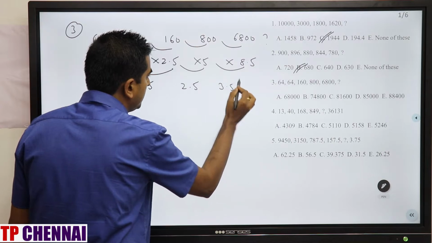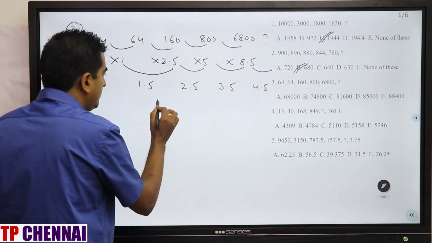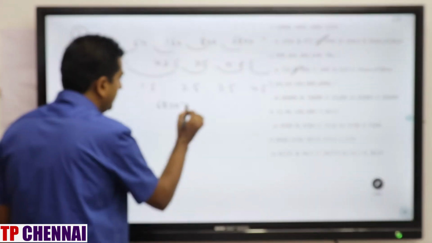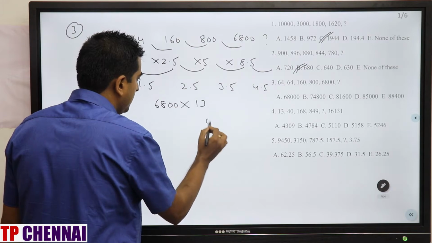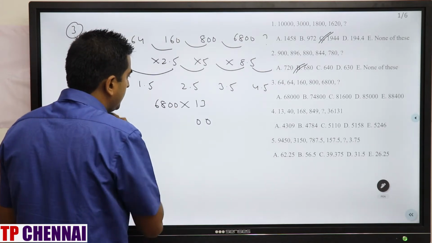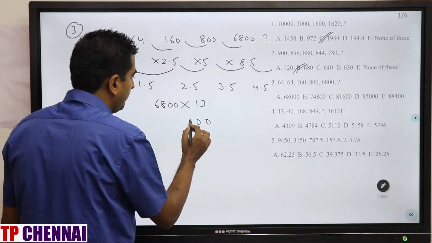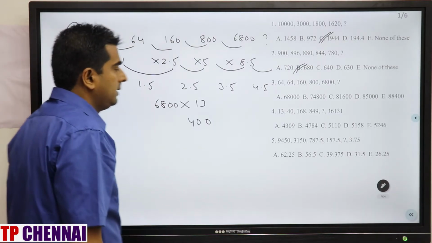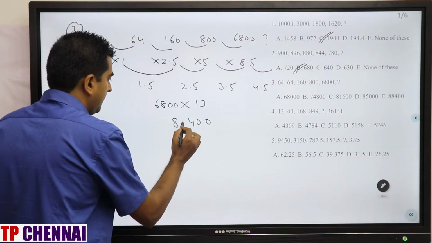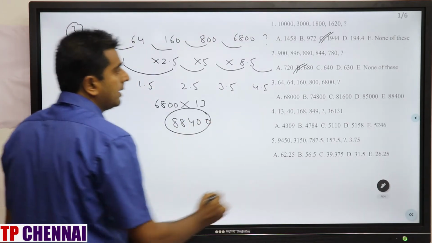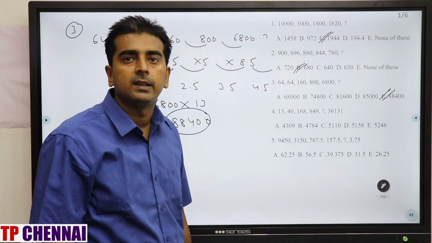Here the difference is 3.5. Next will be 4.5. That means 6800 into 13, 0, 0 cancels. 13 8s are 104, 13 6s are 78 plus 10, 88, so 88,400. Fifth option is the correct answer.